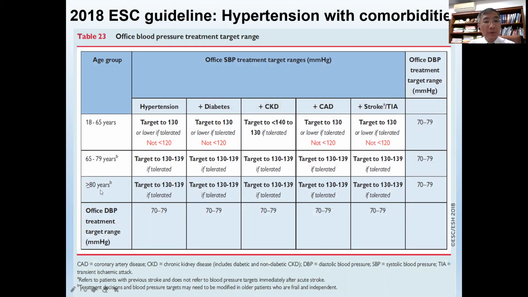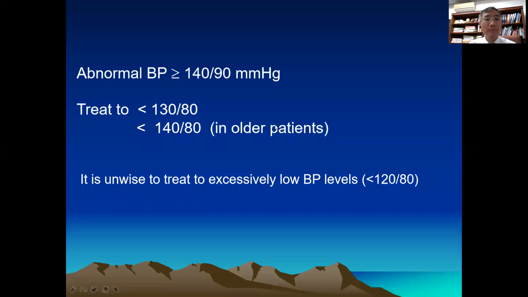However, the Europeans, in the older population group, allow for a slightly higher target level, below 140 by 80. In certain patients, in elderly patients, and in their definition, those with chronic kidney disease, the target should be to reach less than 140 by 80.